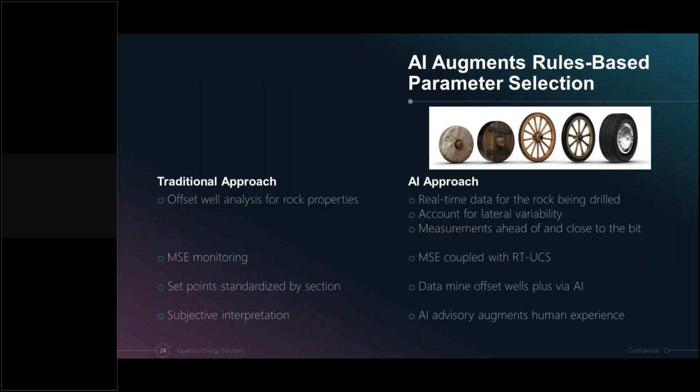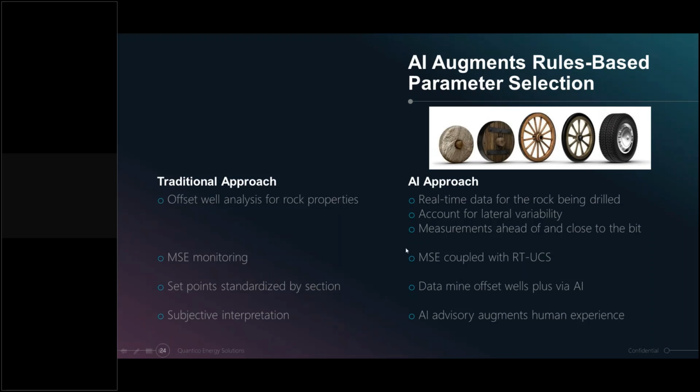In summary, this is a comparison of a traditional rules-based approach where you look at offset wells, and the AI approach, which provides real-time data for the well you're drilling. It accounts for lateral variability and provides measurements of the rock ahead and close to the bit. Traditionally, work has been done on MSE monitoring.